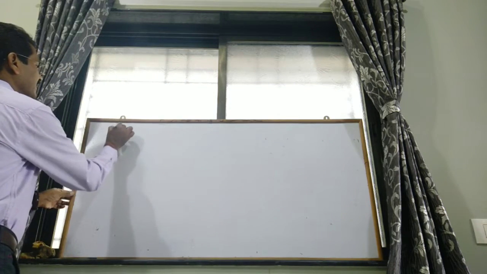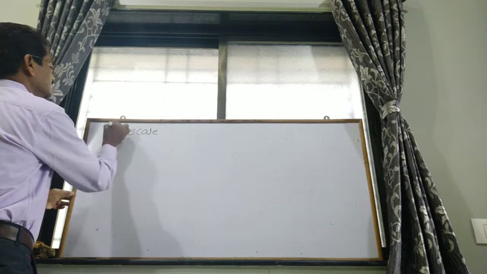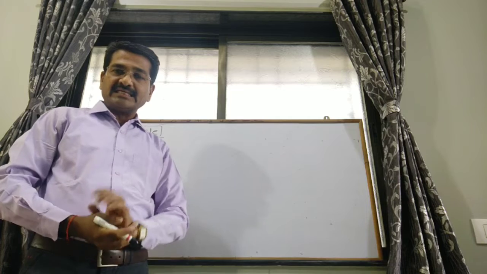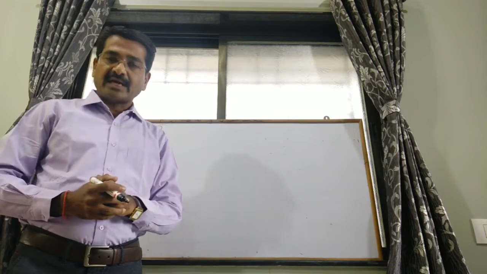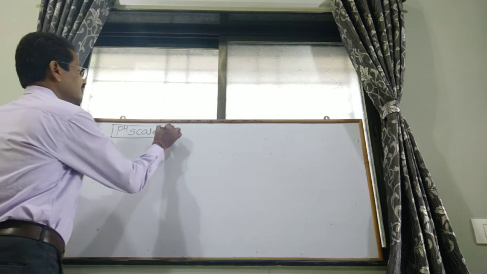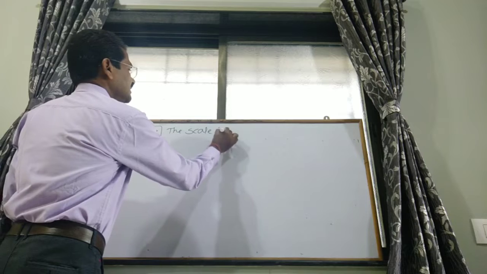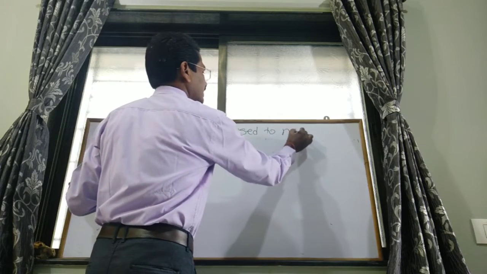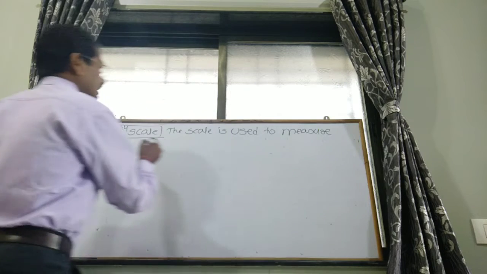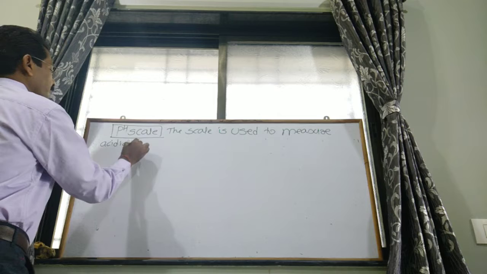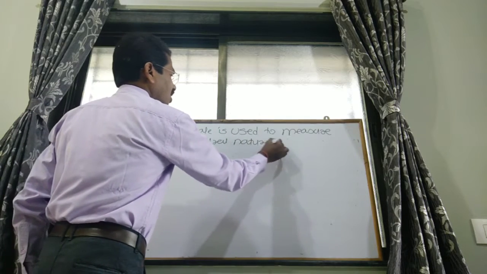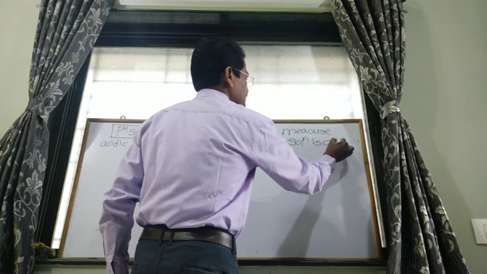So what about the pH scale? The scale is used to determine the acidic, basic or neutral nature of a solution; that is called the pH scale.